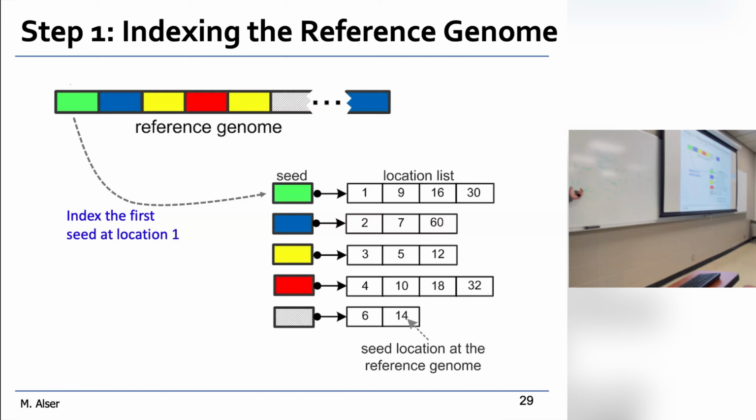Collision rate means how many times I'm going to get the exact same number for 2 different seeds. If I have 10 different seeds, will I get the exact same number for all those 10 seeds, or 5 of them, 4 of them?